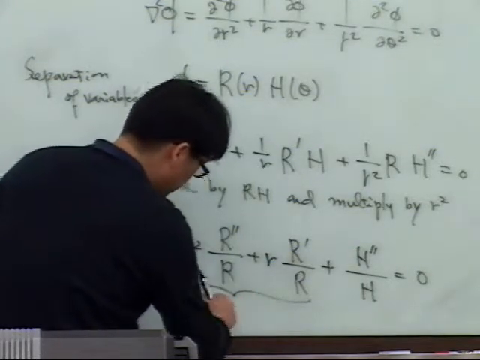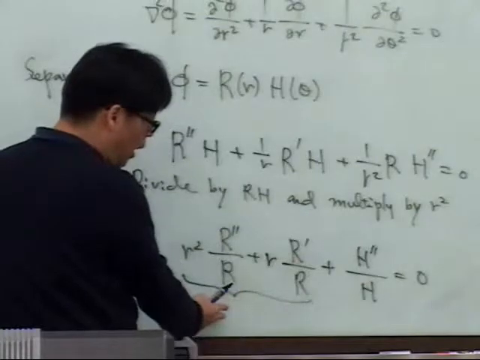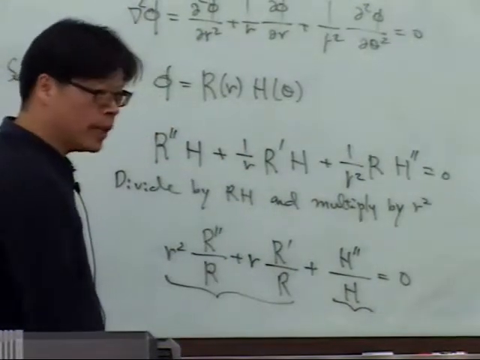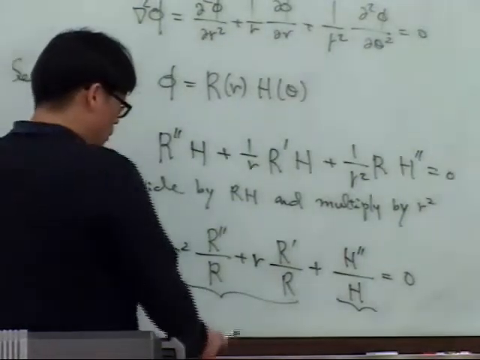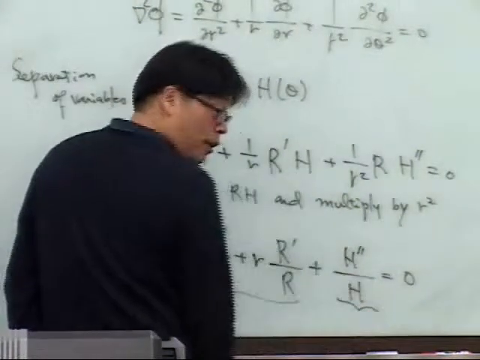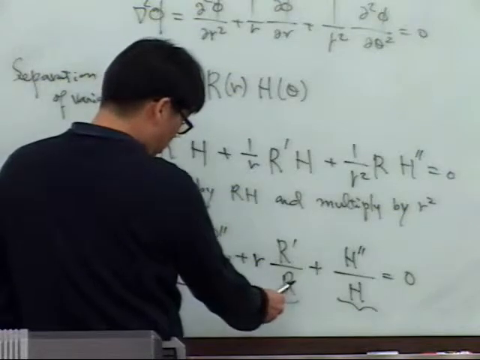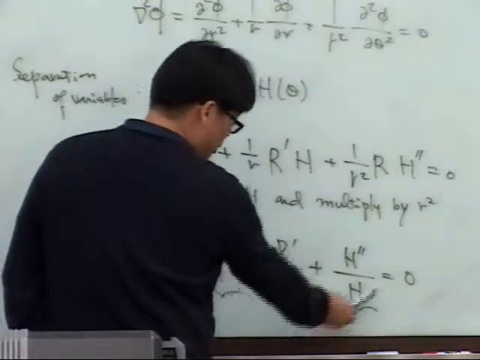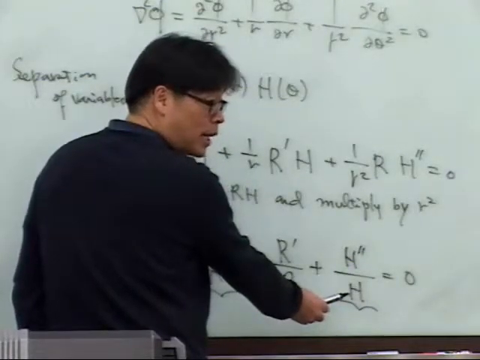So these two terms depend only on R, and this term depends on theta only, and therefore for this plus this to be 0, the only possible choice is that this has to be constant, and this has to be the same constant with a negative sign.